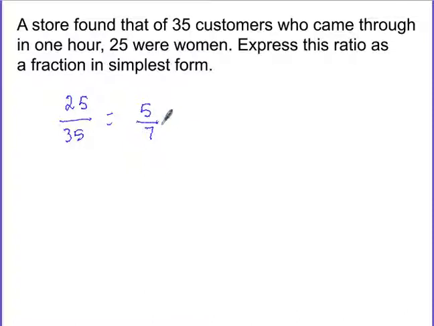So if we have 5 out of 7 are women, then we could say 2 out of 7 are men, okay? Or 10 out of 35 would have been men. So there's always kind of a flip side to ratios, some other piece of information that we can draw from the ratio once we have it established.